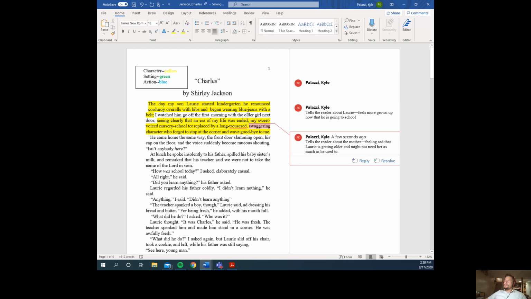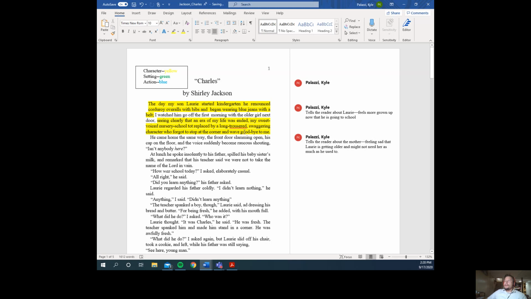So again, now that I have left that comment, I can see that it connects to what I have already highlighted. So those are just two examples of looking for character.